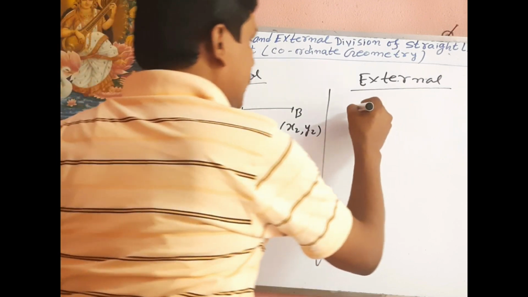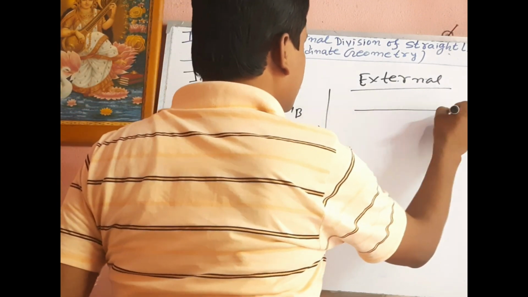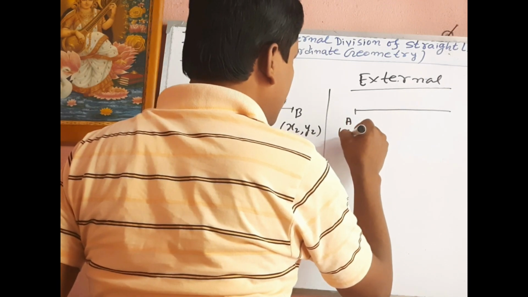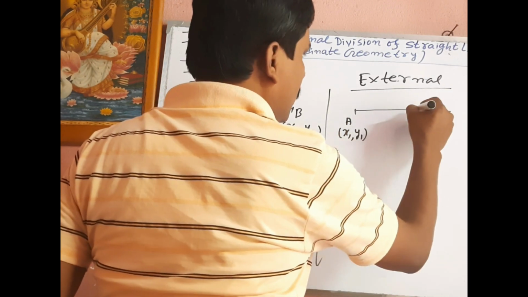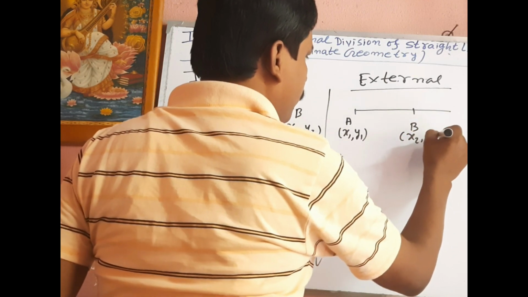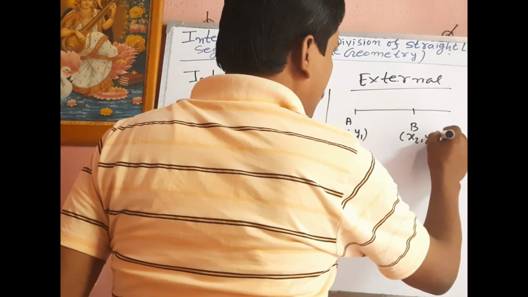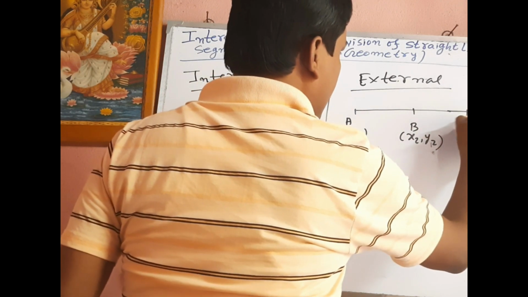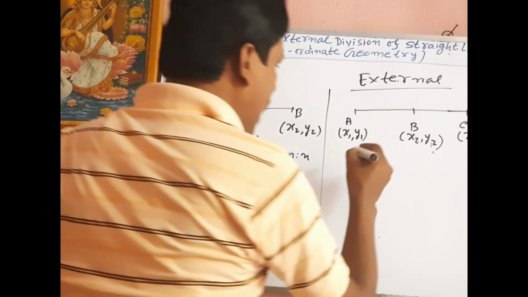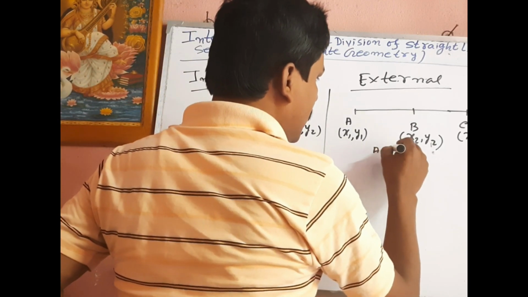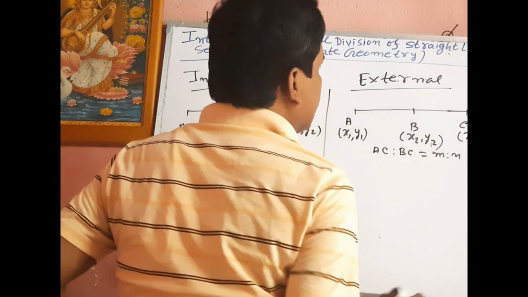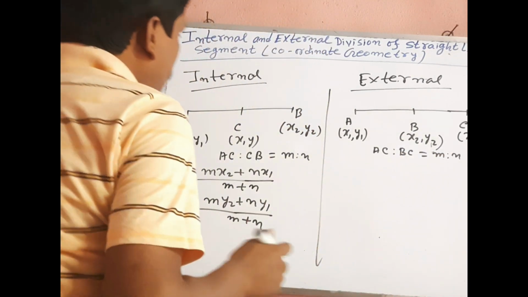Similarly, the external formula. Suppose a point A with coordinates x1, y1, and point B with coordinates x2, y2, and another point C with coordinates x, y, and AC is to CB is equal to m is to n, the external division.